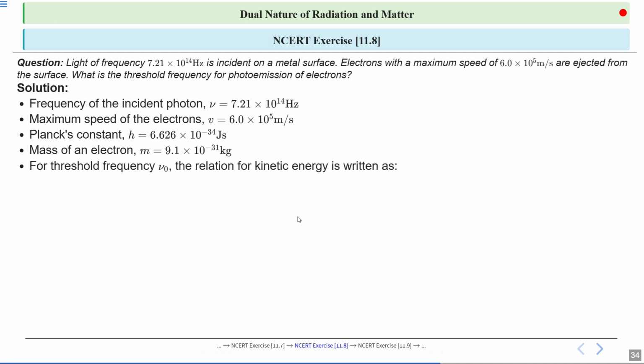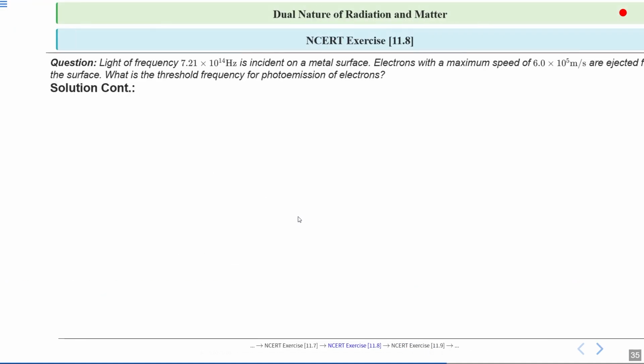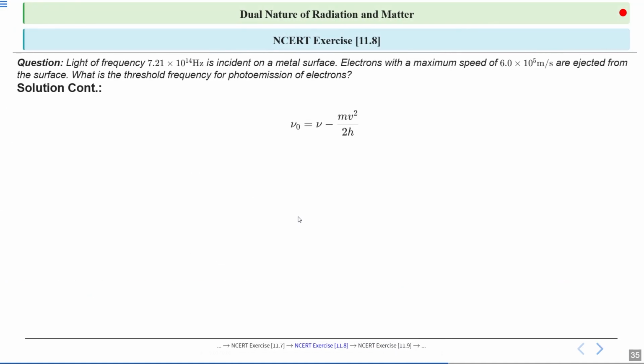For threshold frequency nu naught, the relation for kinetic energy is written as 1 by 2 mv square equal to h into (nu minus nu naught). So nu naught is equal to nu minus mv square by 2h. Now the formula nu naught equal to nu minus mv square by 2h.